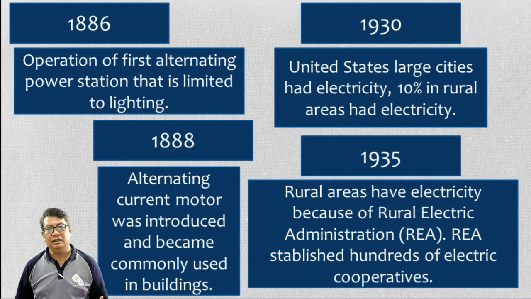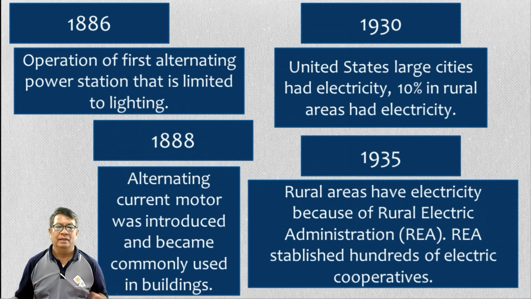In 1930, large US cities had electricity, and 10% of rural areas had electricity also. In 1935, rural areas had electricity because of the Rural Electrification Administration. Here in the Philippines, we also have the Rural Electrification Administration.